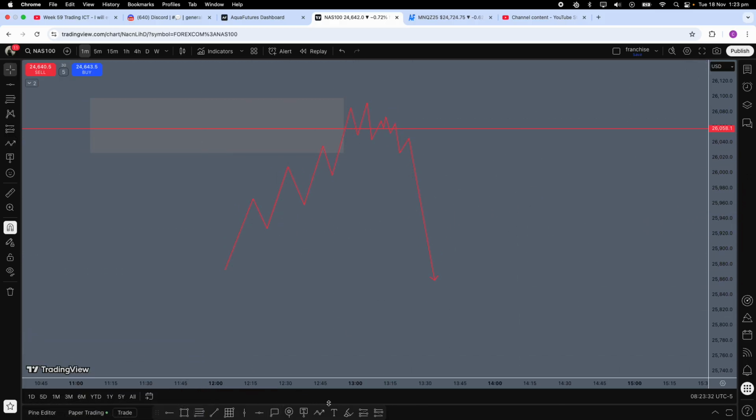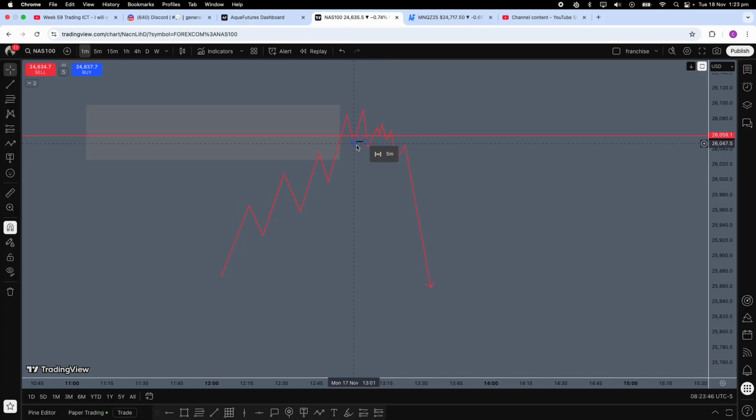As we come up in here, we get an M5 CSD here. And then as we come back into the M5 CSD, we're waiting for an M1 CSD, and that's your entry.